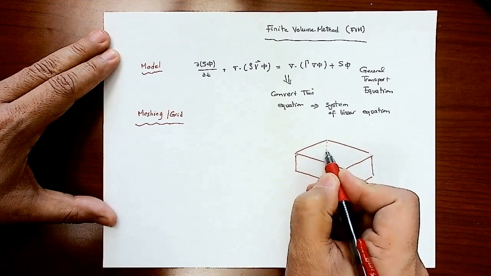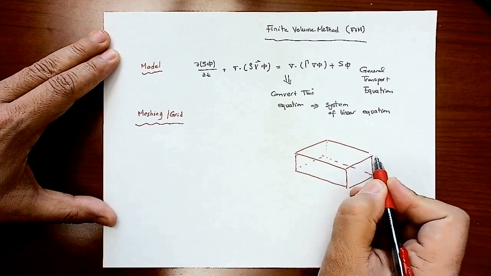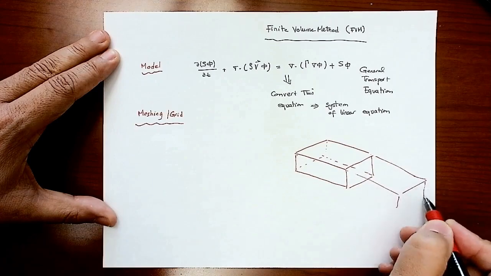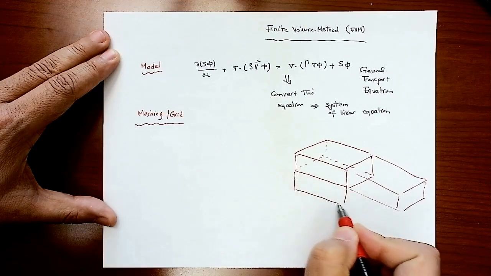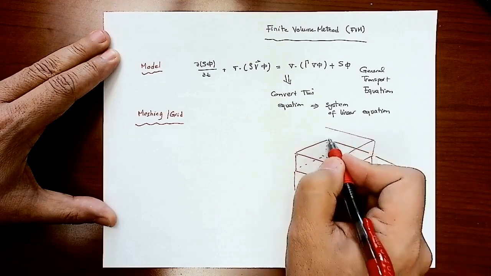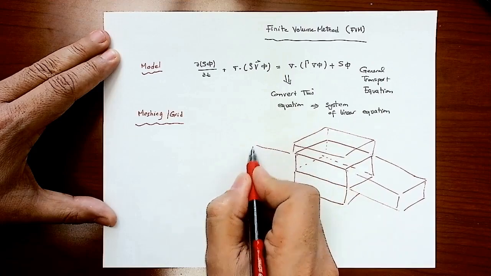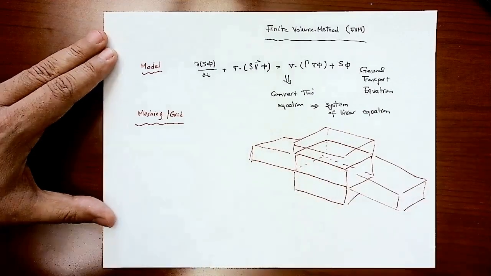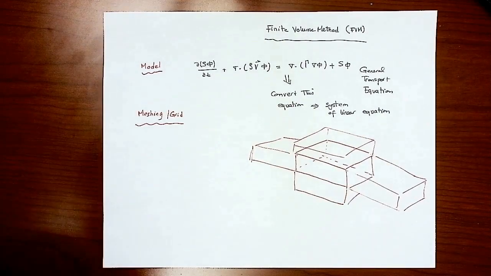And I'm expecting I will have a neighboring element. So I will have another volume here. I may have one down there. I will have another one up here. I may have another one in here.